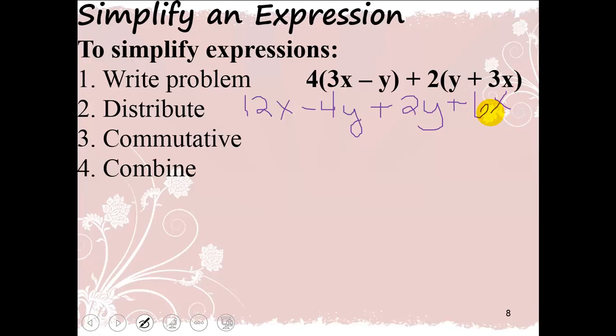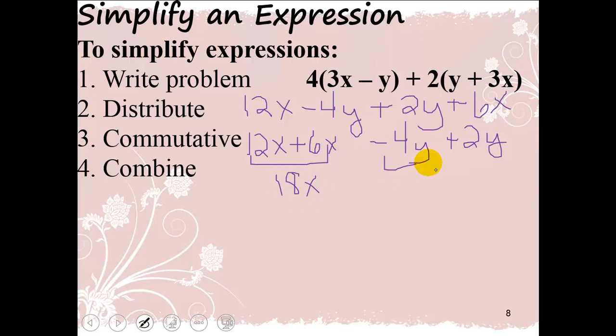I'm going to move my 6x around. That's the commutative property. And then I'm going to combine these. And I'm going to combine these. And I'm done. I simplified it.